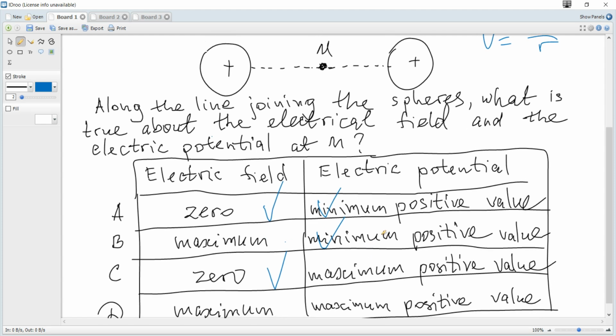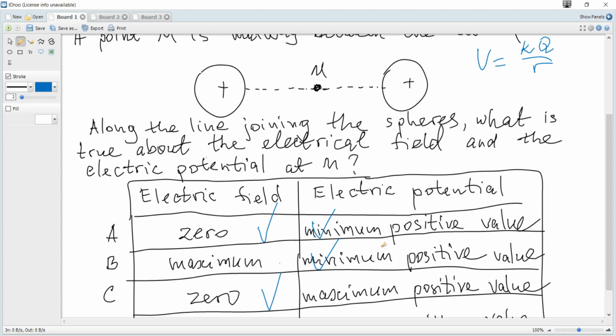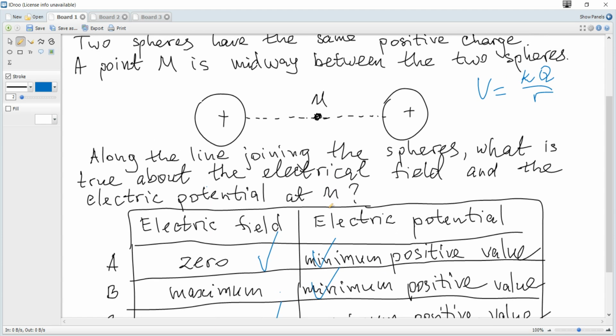For example, let this distance be 1 and the charge also 1, so you may do the following. The potential produced by this charge is kq over r, and let q also be 1, so you can see that it will be 1 at M, and the potential produced by this charge will also be 1, so 1 plus 1 is 2.